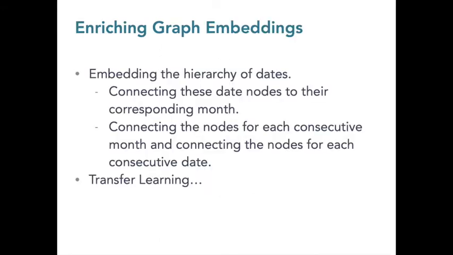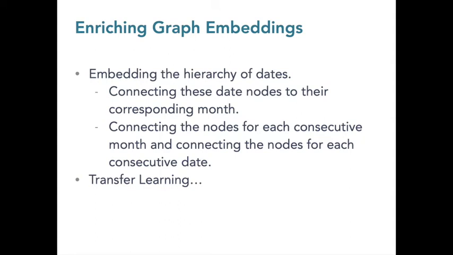We make sure that we enrich our node embeddings in order to get even better results, and we intentionally do this in two ways. The first method is by creating a hierarchical graph like the one we just showed here.